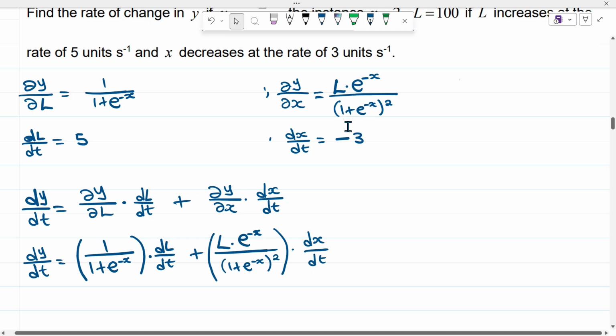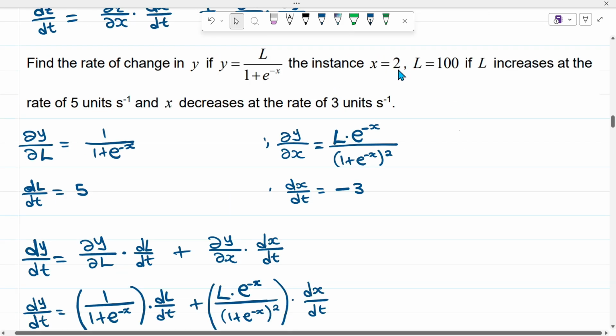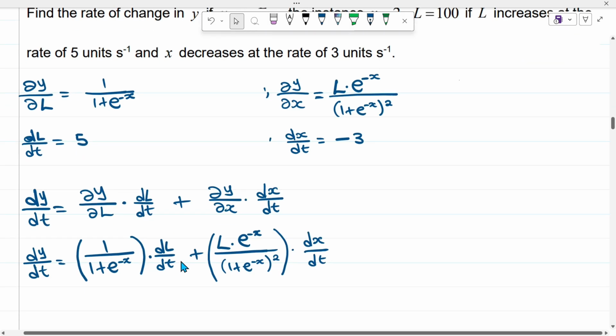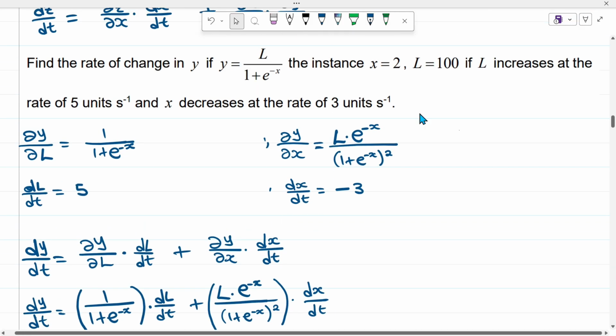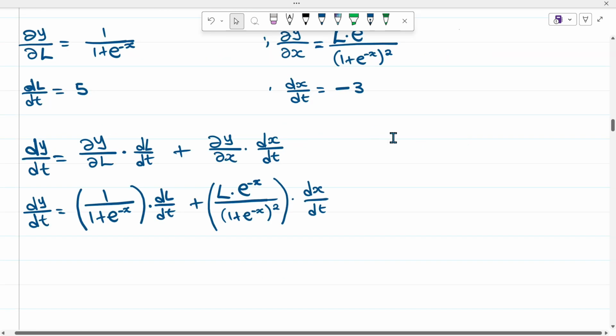Then you are given the value of x, and they give the value of L. We also have our rates, so we just need to substitute here and then get our rate. So let's go. x equals 2 and L equals 100.